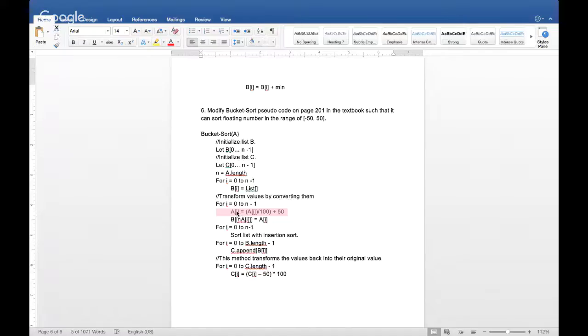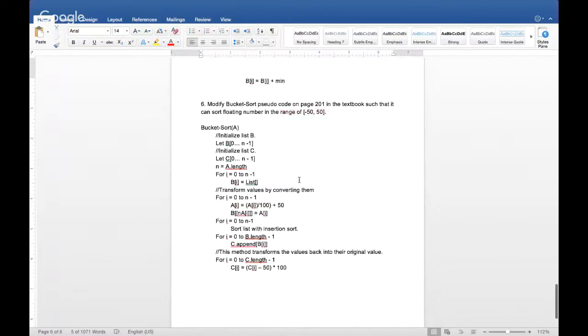We just transform all the elements by A[i] divided by 100 plus 50, because we know that it can only be -50 to 50, and what this does is it transforms them out of negative, for example, and it helps with dealing with the floating point and the regular integers.